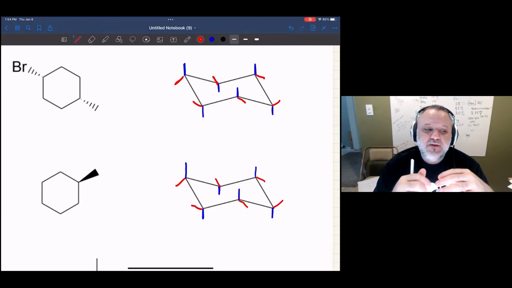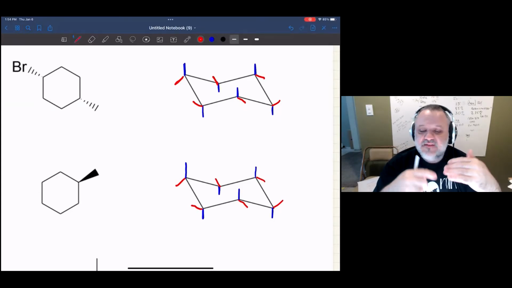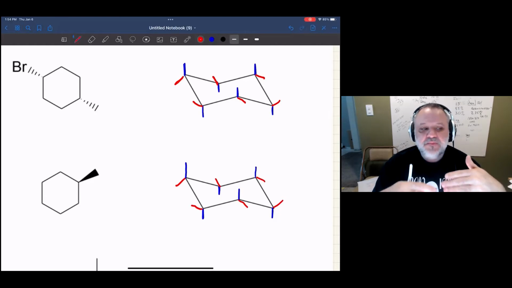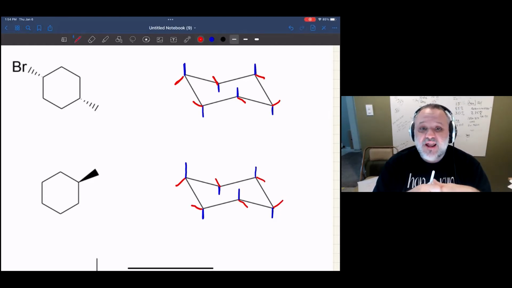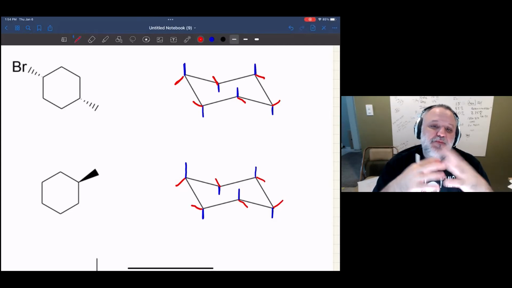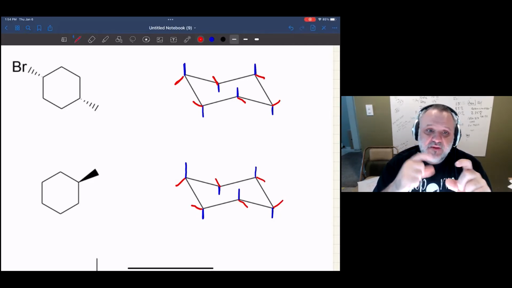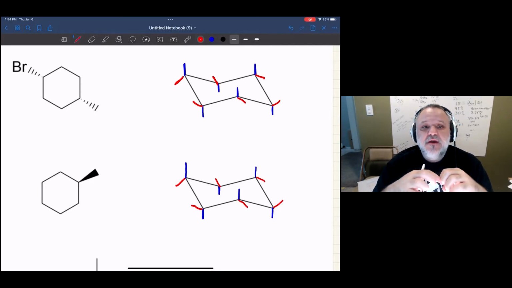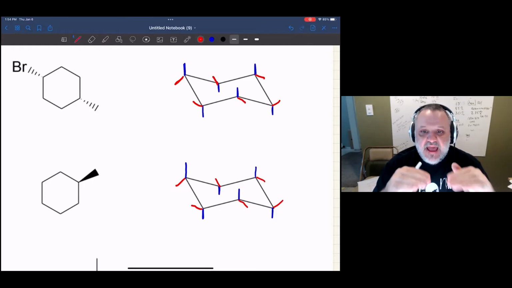But to keep things consistent and simple for learning, I'm going to say by convention that if it's a wedged bond, it's pointing towards me and we'll call that up. If it's a dashed bond, it's pointing away from me and we'll call it down. At the end of the day, it doesn't matter as long as you're consistent with the physical reality of the drawing. But for consistency, I'm going to say dash, down, wedge, up.